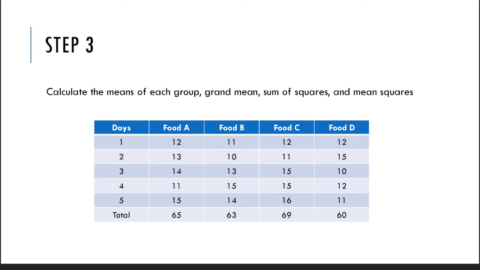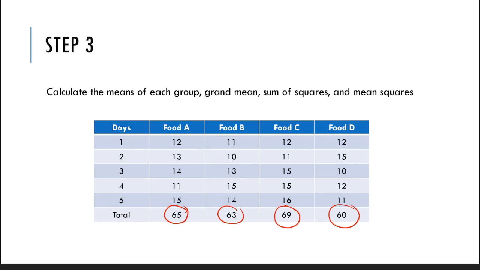So, ang best way na pagsimula or pag-compute dito is compute nyo na muna yung totals. Yan ang tutulong sa inyo sa pag-compute ng ating mean of each group, grand mean, sum of squares, and mean of squares.